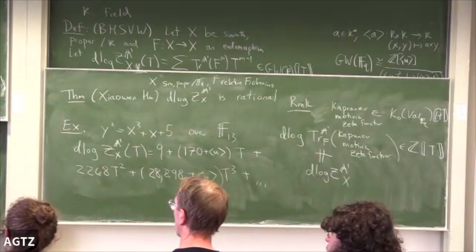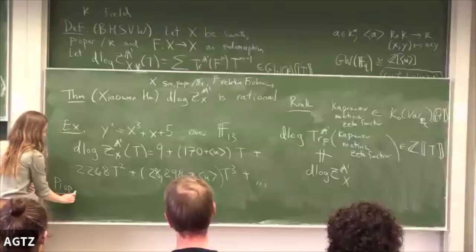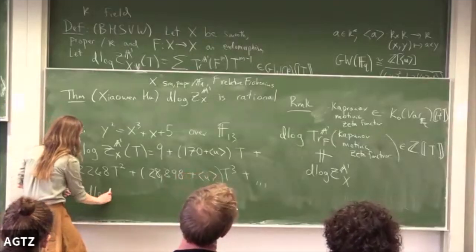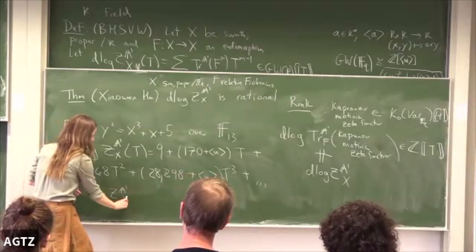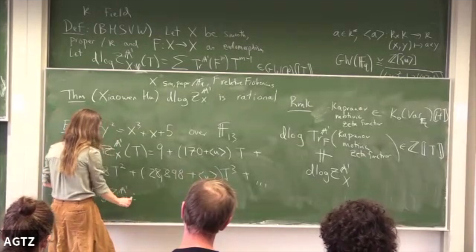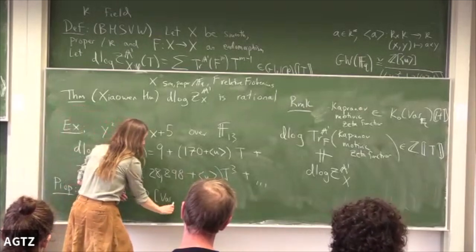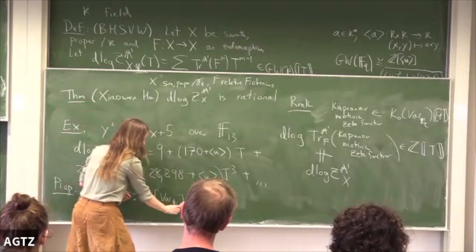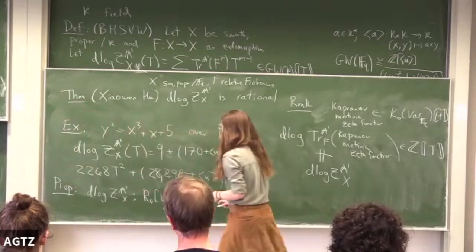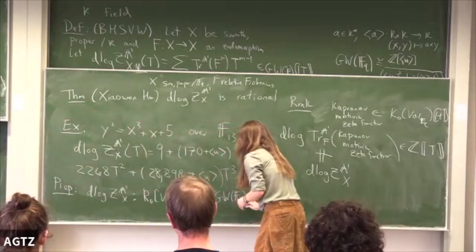It is, however, a motivic measure in its own right. So d log zeta A1 of X defines a ring homomorphism from K0 of varieties over F_q to power series with coefficients in GW of F_q.